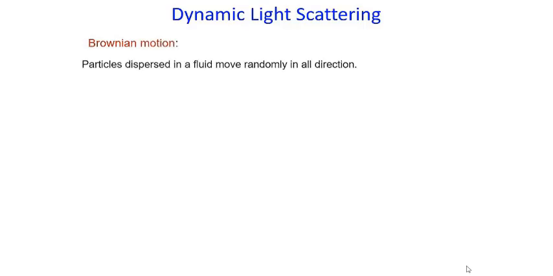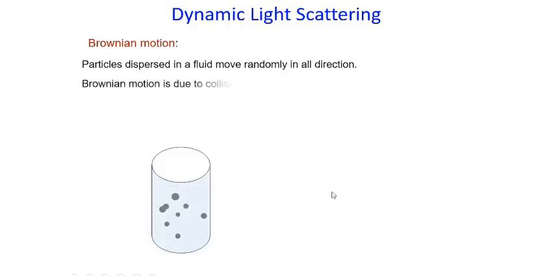Now, when the particles are suspended in a liquid, they are not stationary, and this motion of the particles in the solvent is known as the Brownian motion. So Brownian motion is nothing but the random motion of particles dispersed in a solvent in all directions, as you can see from this animation over here.